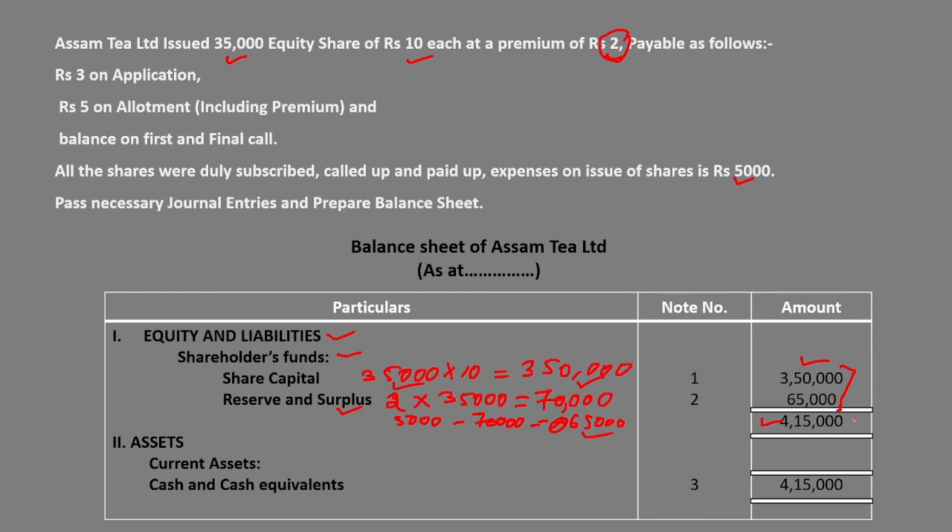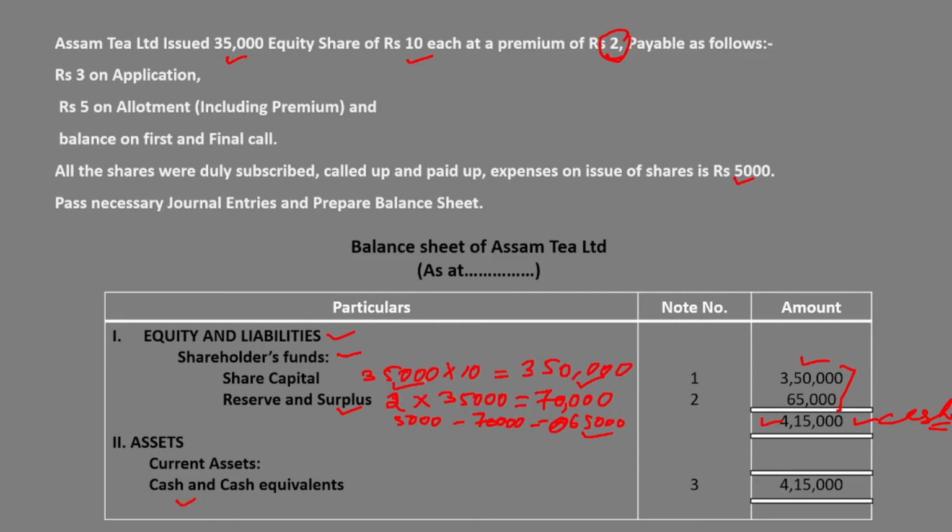And this 4,15,000 is cash, received in the form of cash. As cash is a current asset, we are going to write the cash value directly here, that is 4,15,000 under the name of cash and cash equivalents.